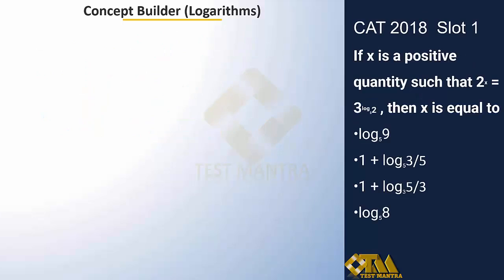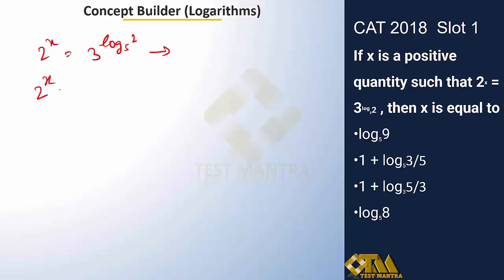Next one, if x is a positive quantity such that 2 raised to x is equal to 3 raised to log 2 to the base 5, then x is equal to, they have asked. It's an easy question, it's a direct formula based question.